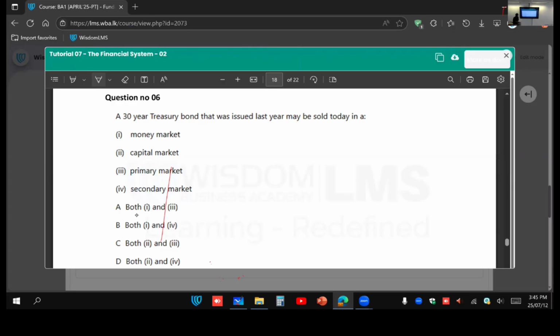Money market definitely not, right? Money market means short term. So this is a 30-year treasury bond. So capital market, and it cannot be the primary market. So secondary market. Capital market and the secondary market, 2 and 4, answer is D. Okay. Got it?